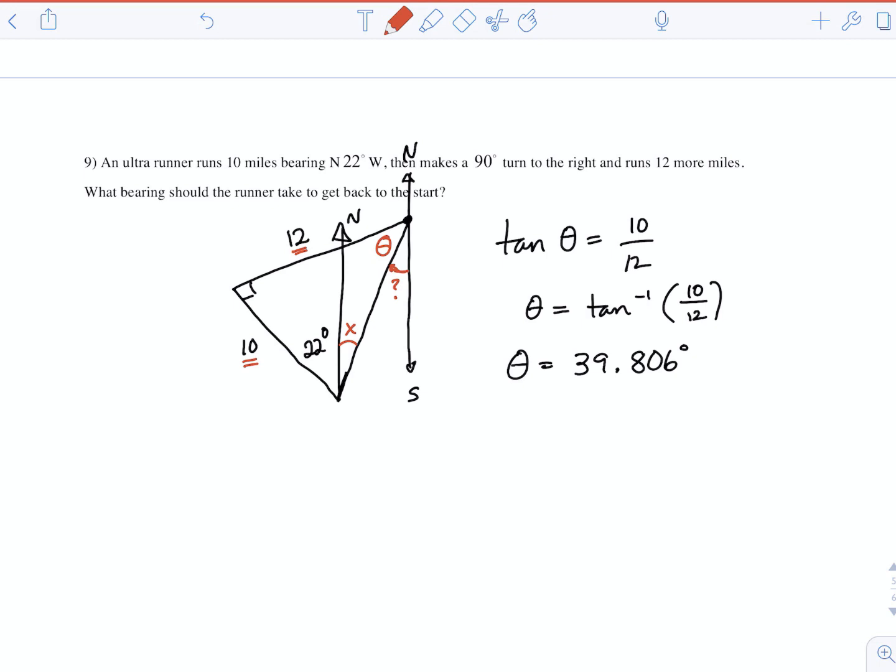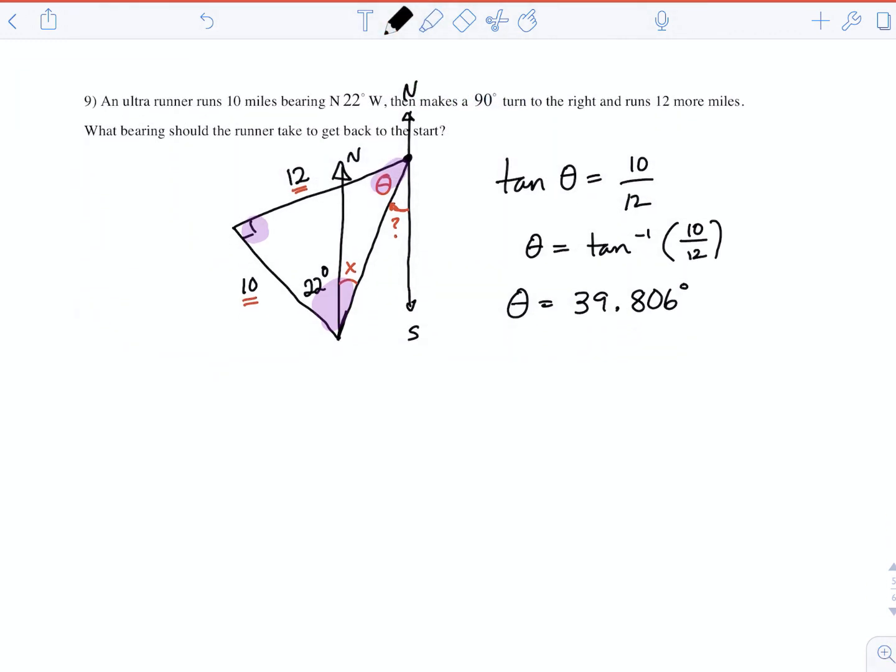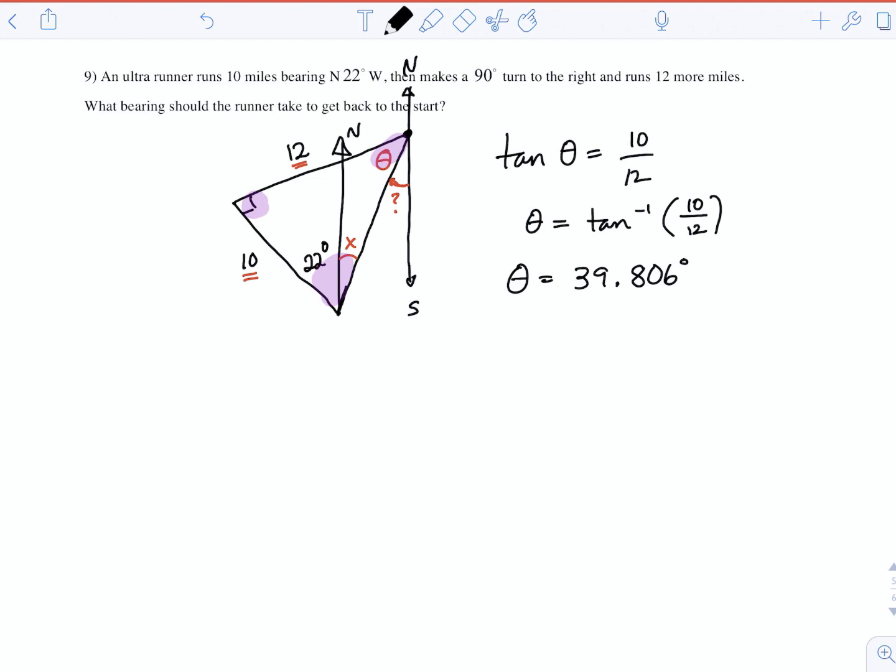But because the three angles of a triangle have to add up to 180, I could set up an equation and solve for x. So it would be that x plus 22 plus 90 plus the theta, 39.806, all of that has to equal 180.